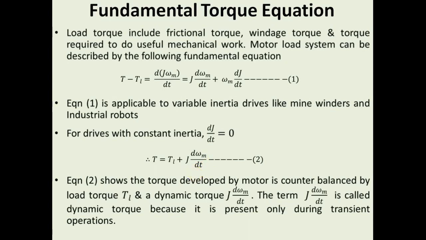So we have clearly explained the two transient conditions. One is the acceleration transient condition and the second one is the deceleration transient condition. During acceleration, the value of T is much greater than TL, and during deceleration, the value of TL is greater than T. In the case of accelerated motion, energy associated with this dynamic torque is stored as kinetic energy in the shaft, whereas in the case of deceleration, the energy associated with this dynamic torque is negative in sign.